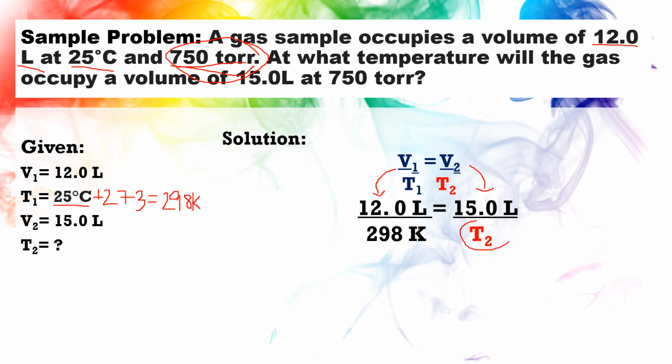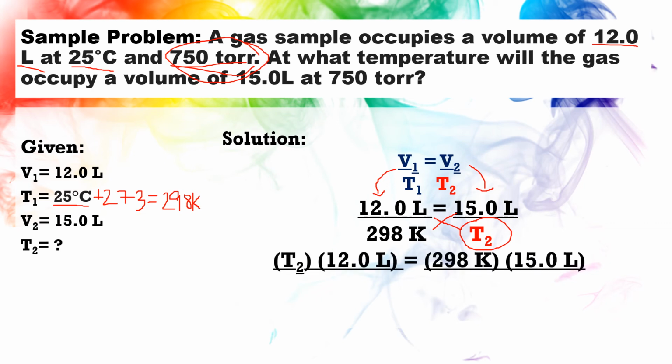So if you are going to solve for T2, just simply cross multiply. So that T2 times 12 liters is equal to 298 kelvins times 15 liters. So to solve for T2, divide both sides by 12 liters. So cancel 12 liters on the left side and cancel same units on the right side.